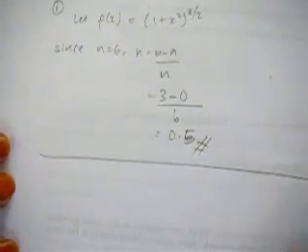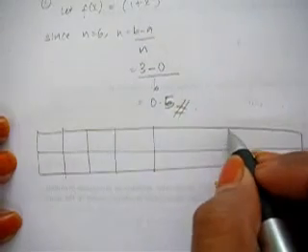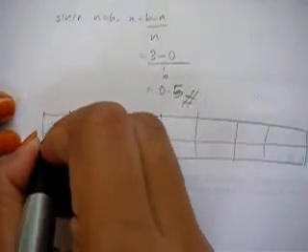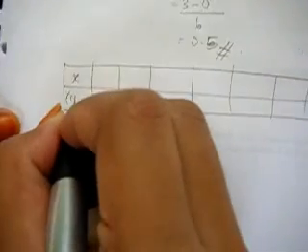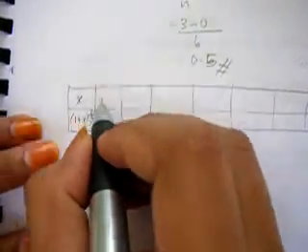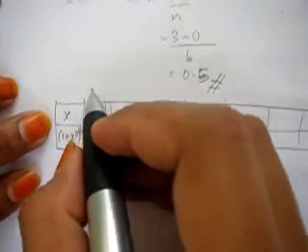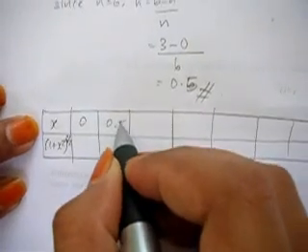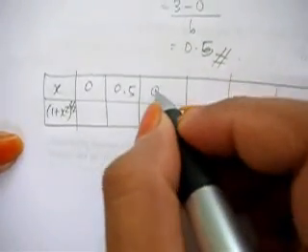Okay, and we'll tabulate the data. Given x and also (1 plus x squared) to the power of 3 over 2. The numbers on the x horizontal line are increments of h itself.